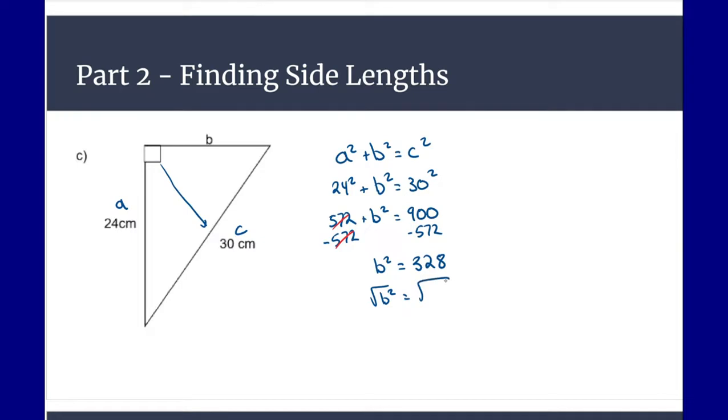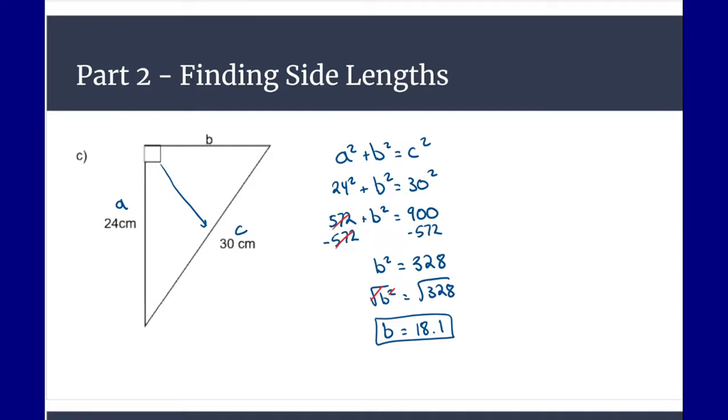So you're going to find that every time you're using Pythagorean theorem, the last step that you should be doing should be square rooting. So we're left with B equals the square root of 328, or 18.1 rounded. So that is our missing leg or missing side length.